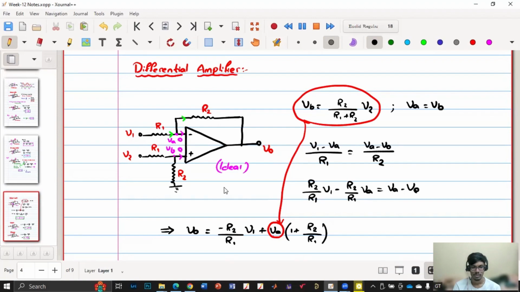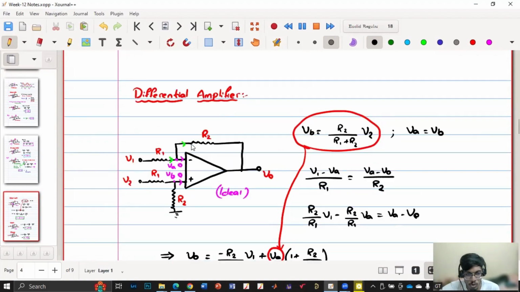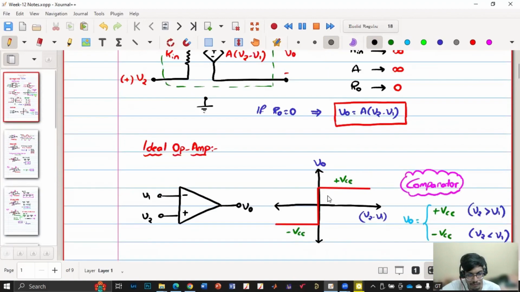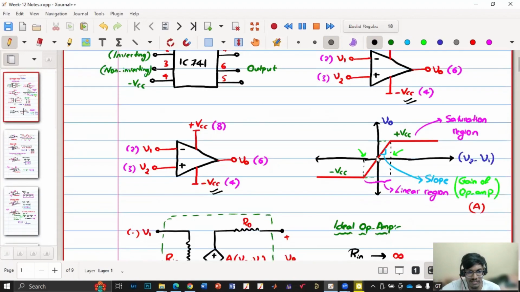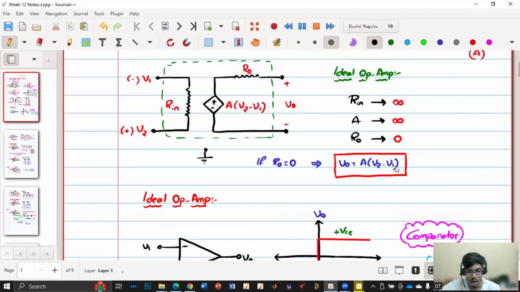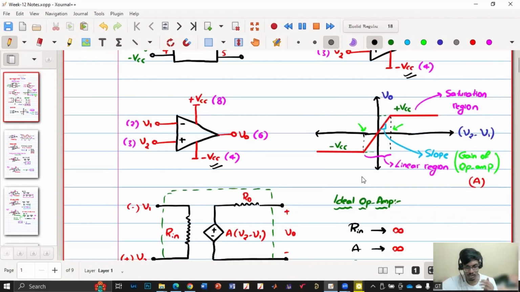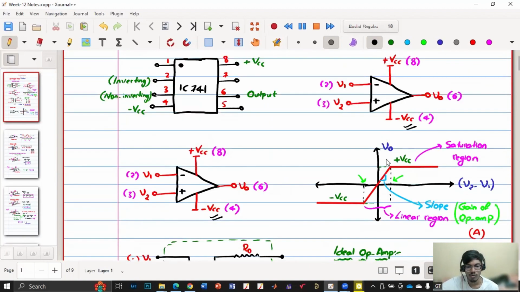And for the op amp to be made into a comparator, the gain should be very high. If the gain is very high, then it is close to a comparator because there is no linear region or a very small linear region. If we want it to work like an amplifier, there are some methods to make this linear region larger.